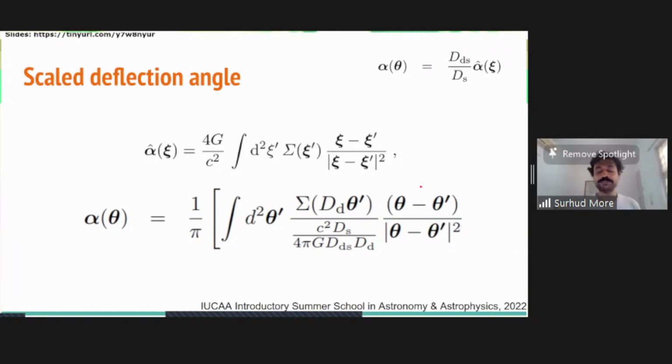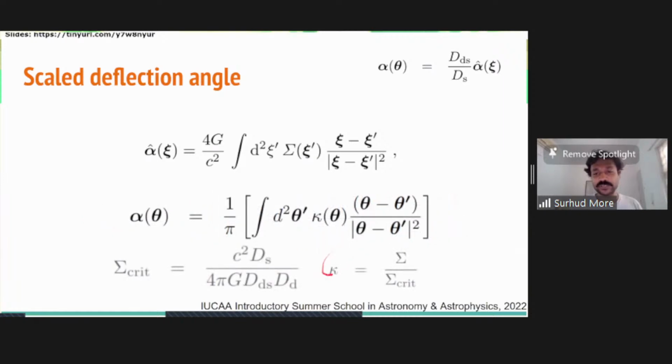Now, the deflection angle is dimensionless, which means this quantity should also have the dimensions of surface density. Indeed, if you work it out, it will have dimensions of surface density.